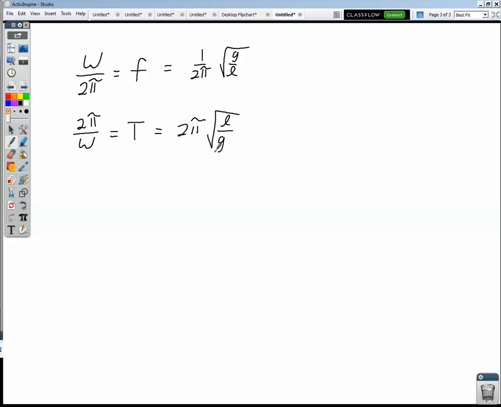Notice that the period and the frequency do not depend on the mass of the pendulum, and we knew that from before when we looked at conservation of energy. The potential energy at the amplitude is going to equal the kinetic energy at the bottom. Masses cancel out. The mass of the pendulum doesn't matter. Just the length of the string and the acceleration due to gravity.